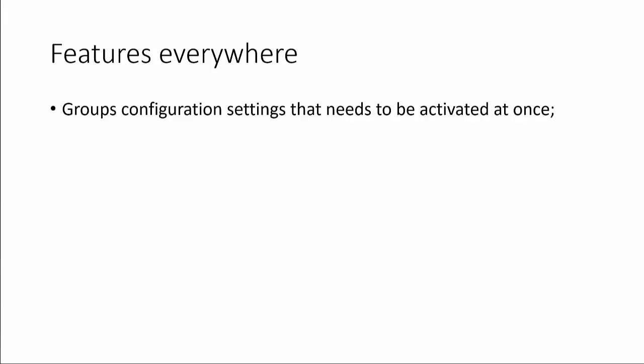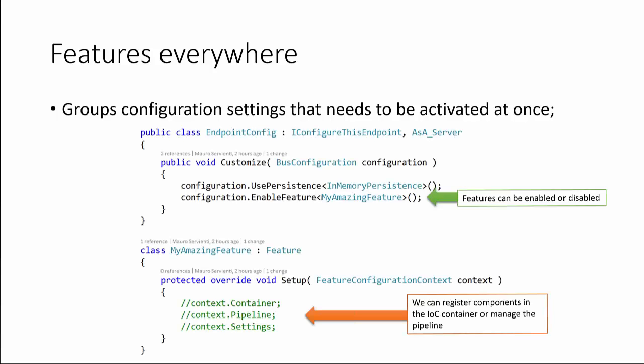If we need to define a feature, we can create a class that inherits from the feature base class and override the setup method. A feature will be called after the configuration is completed, and features can be enabled or disabled at configuration time.